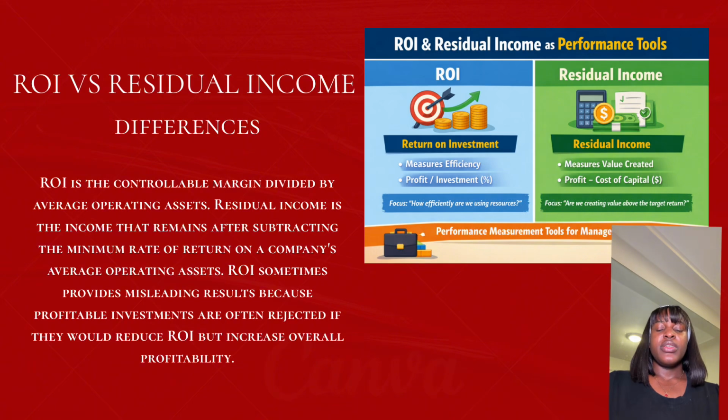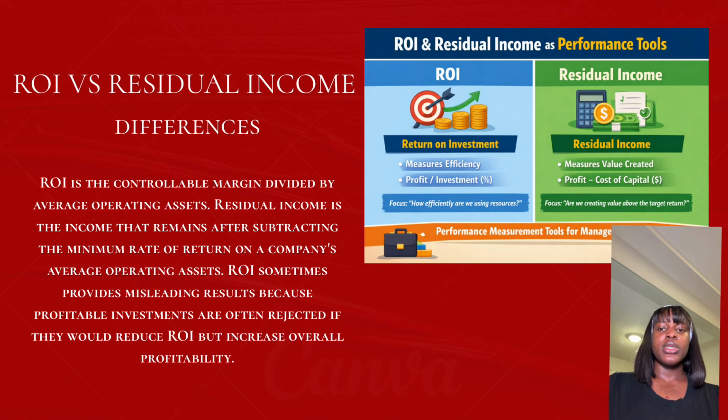So now we move to the difference between ROI and residual income. ROI is a percentage, so it's simple to interpret and compare across departments or companies of different sizes. ROI is the controllable margin divided by average operating assets. Residual income, on the other hand, is the income that remains after subtracting the minimum rate of return on a company's average operating assets.